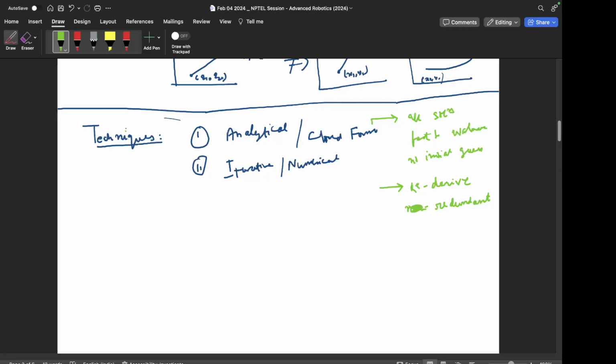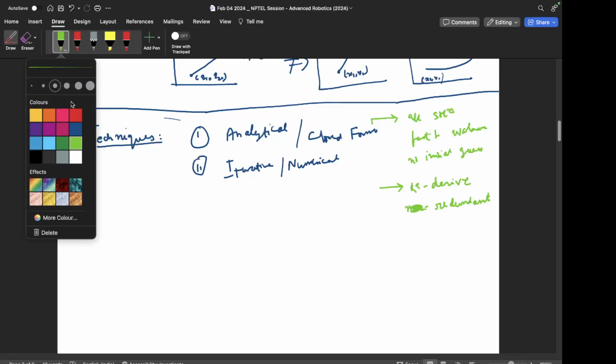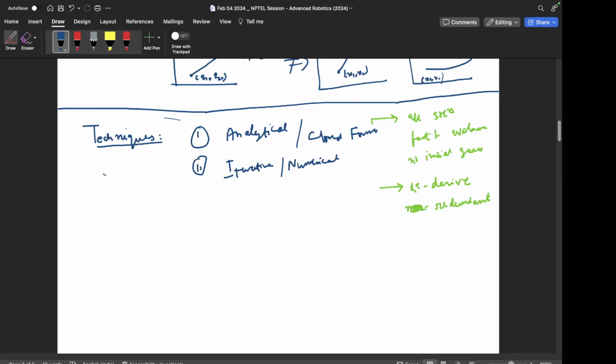So what's the inverse kinematics problem? Let's state it mathematically, right? There is a function which takes in joint angles and gives the pose of the end effector. This is forward kinematics.